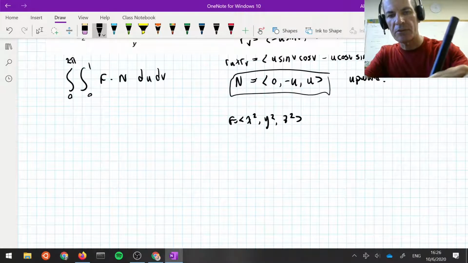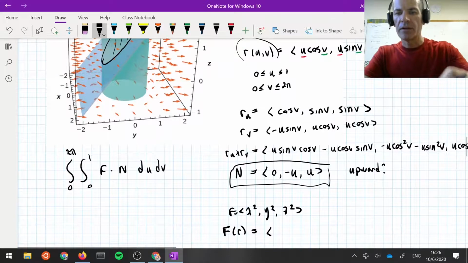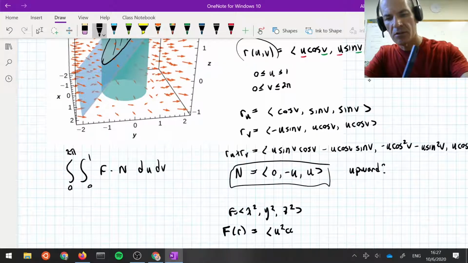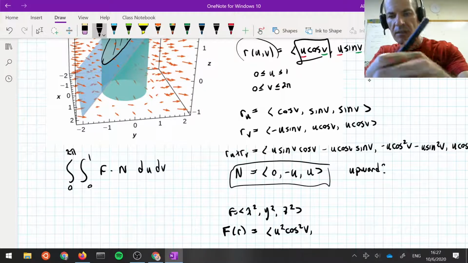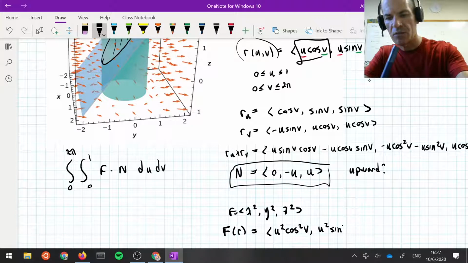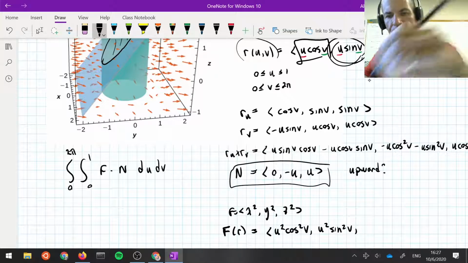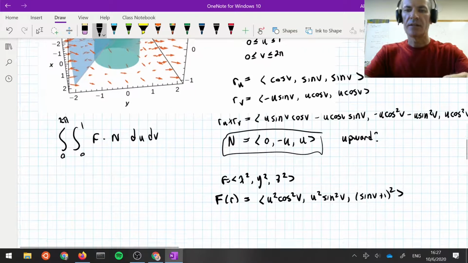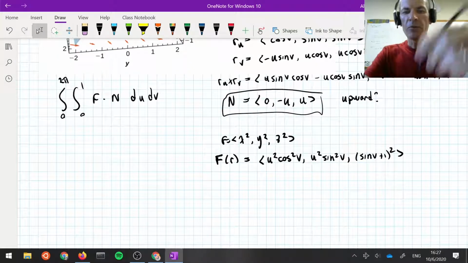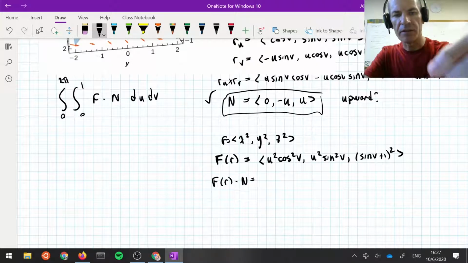And along the parameterization, which I'll say is just f of r, we are going to have u squared cosine squared v, that's the x, comma u squared sine squared v, that's the y, and then finally u sine v plus 1 quantity squared in the third component. Now what do we do? We look at f evaluated at r dotted with this n that we found up here.